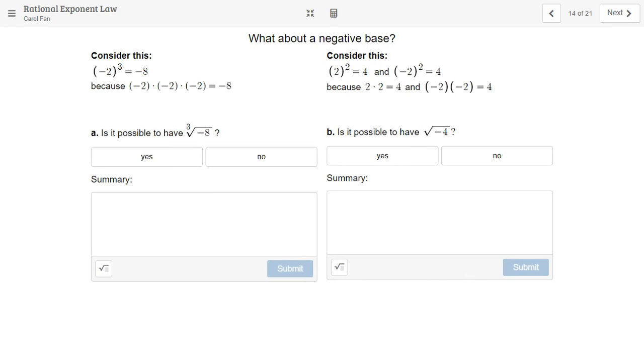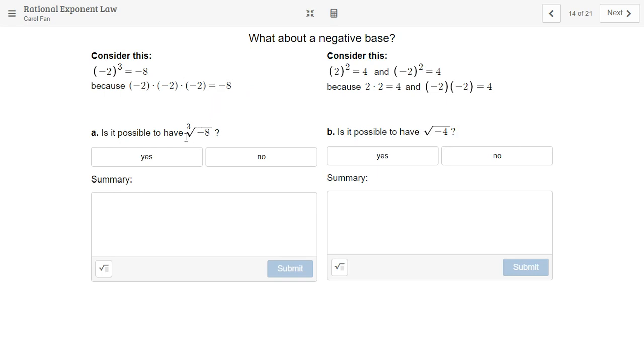Now what about having negative bases? Consider this. If I had negative 2 to the power of 3, that would mean I have negative 2 times negative 2 times negative 2, and that's equal to negative 8.